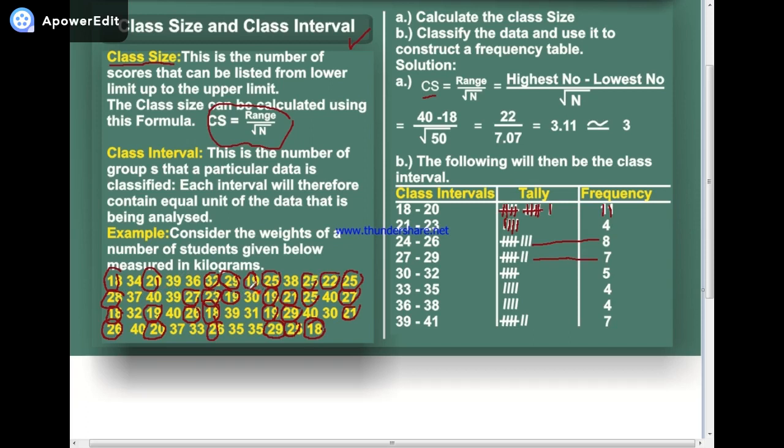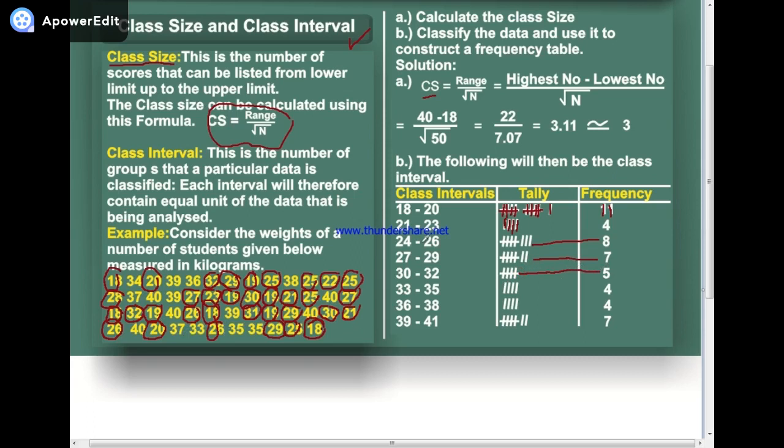Now 32. Not again. 3. 4. 5. That's all. So that means that one is correct. 30 to 32, that one is correct.